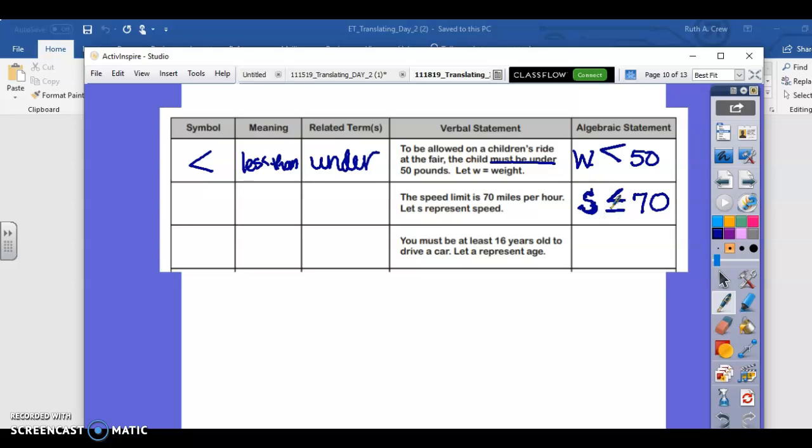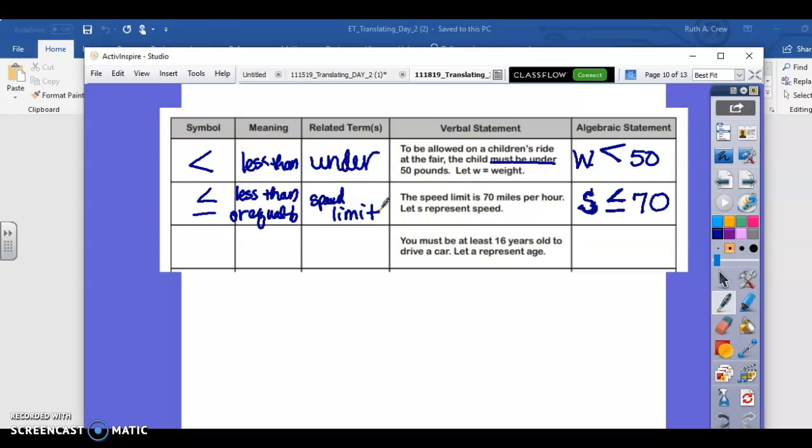So in this case, we would use this symbol to represent S is going to be less than or equal to 70. So we come over here. Here's our symbol. This means less than or equal to. And the word that let me know that is speed limit. That means I cannot go over 70.